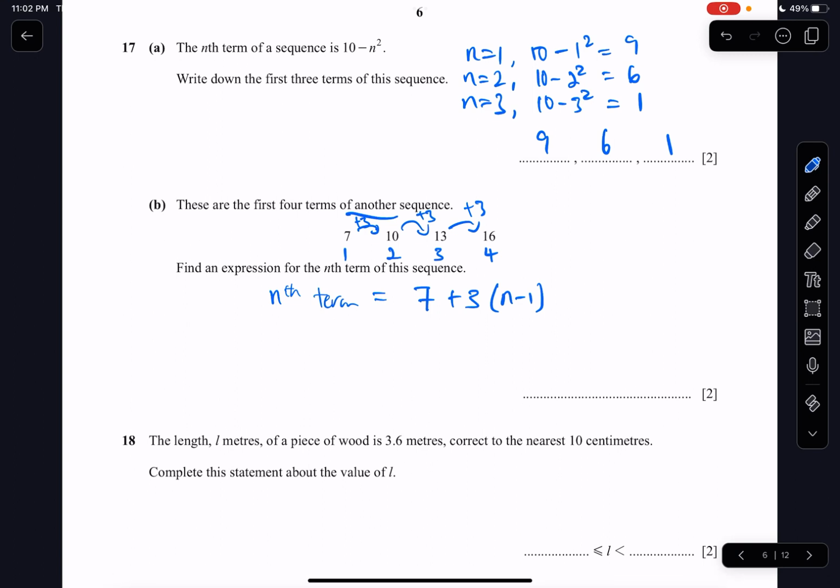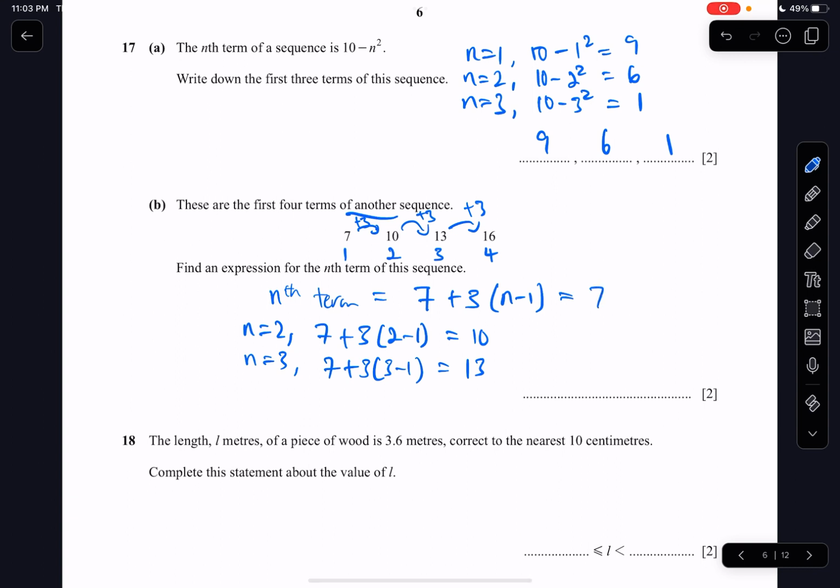When n is 2, 7 plus 3 times 2 minus 1 gives me 10. When n is 3, 7 plus 3 times 3 minus 1 gives 13. Good, I think I'm on the right track. Let's simplify: 7 plus 3n minus 3 gives 4 plus 3n. So the answer is 4 plus 3n.